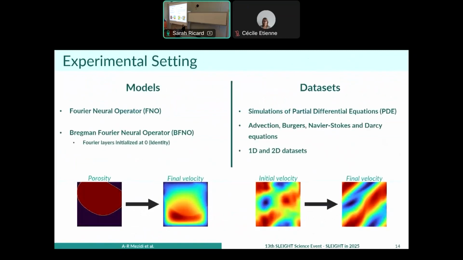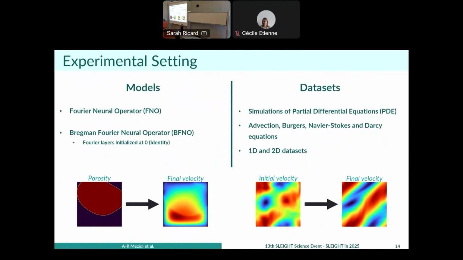Now, let's get to some experiments. Basically, we'll compare the standard Fourier neural operator with our new architecture, the Bregman Fourier neural operator. Here we will initialize, as we said, all of our Fourier layers to 0, so we have the identity operator for each layer.